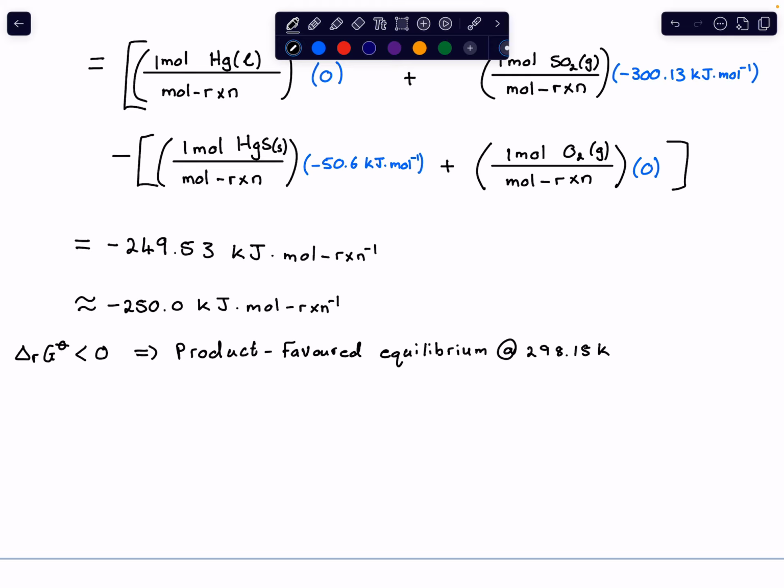Under standard conditions, we will form a product-favored equilibrium because the standard Gibbs energy can tell us whether or not the equilibrium will be product-favored, reactant-favored, or if we are just at a perfect equilibrium. All right, so that is what we get from that information. Cool. So that's the mechanics of it. I mean, a lot of writing, but at the end of the day, it's just straightforward calculations.